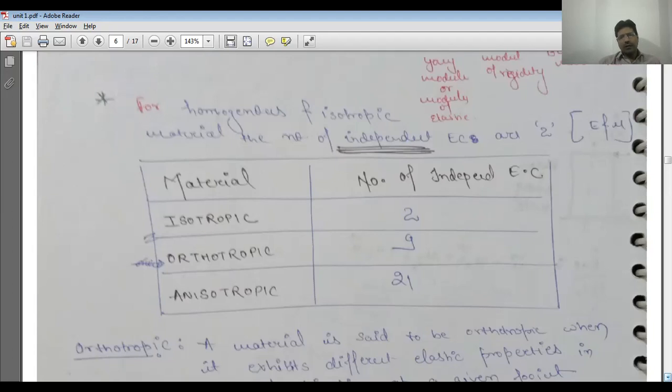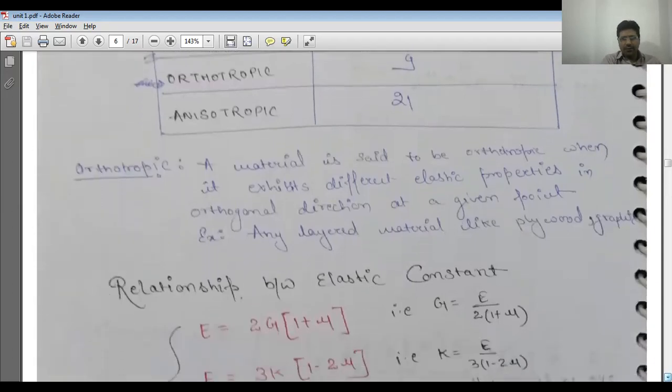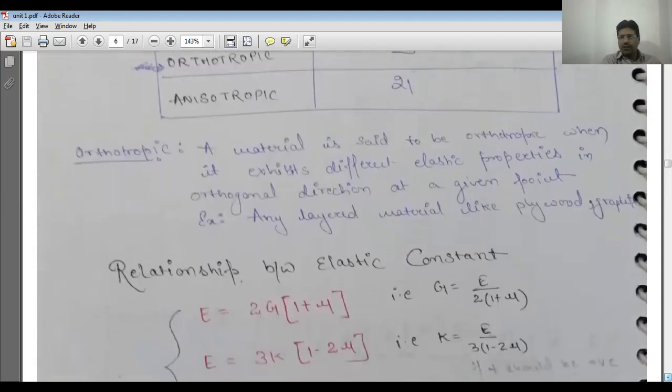For isotropic material, we have two elastic constants, for orthotropic we have 9, and for anisotropic we have 21. All these are discussed in detail in material science. Here we only have to know what these elastic constants are and how they are applied while calculating the stresses and strain in the material.